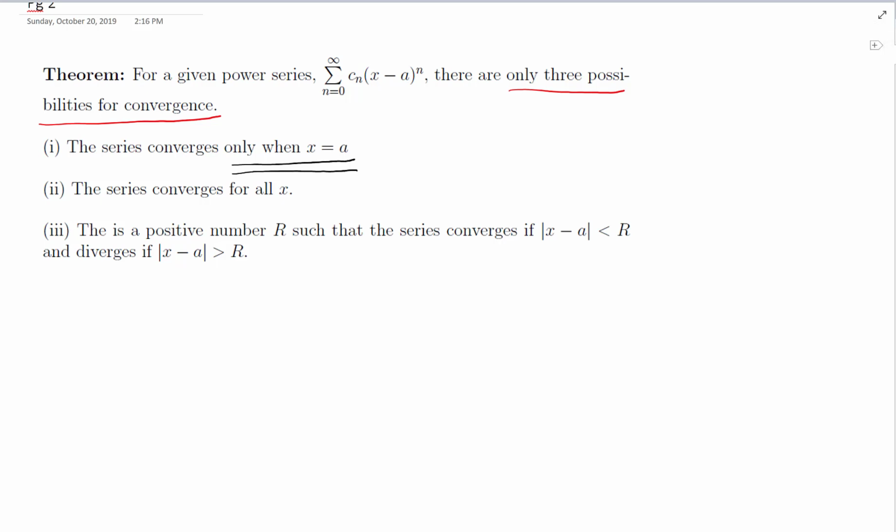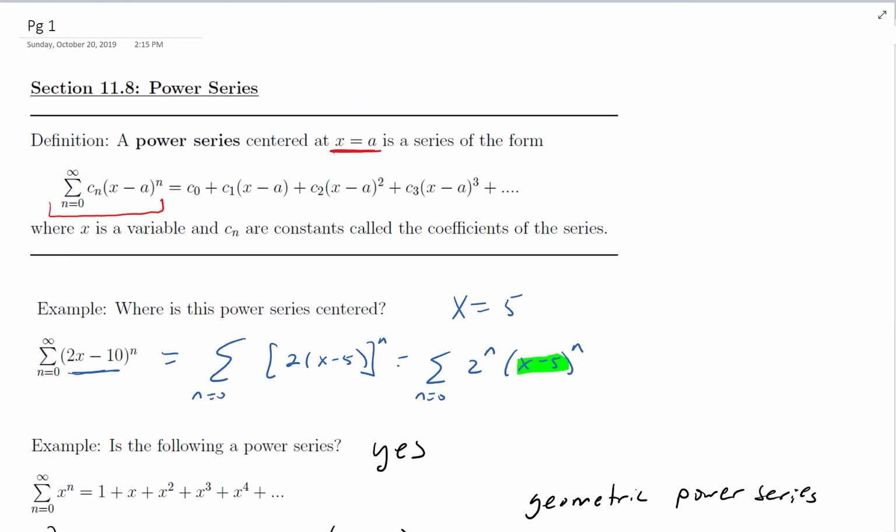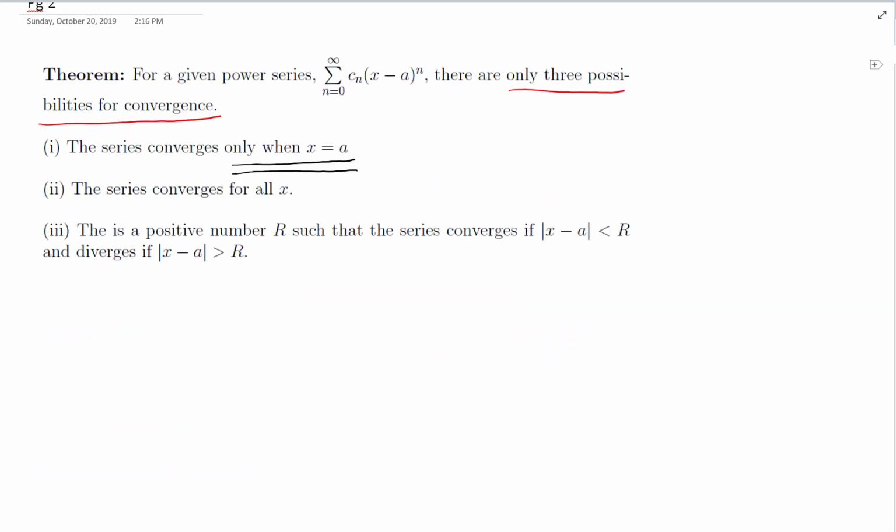So if we flip back to the previous page, all of these terms that have an x minus a on them, if x is a, all of those terms are 0. And you're left with just whatever c naught is. So if you always plug in your x value where you're centered, that power series will always converge.